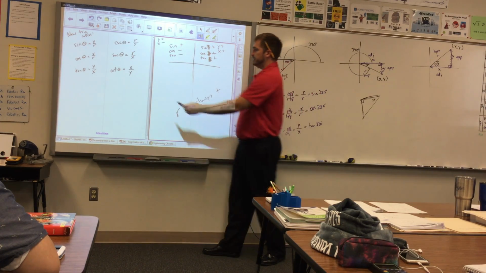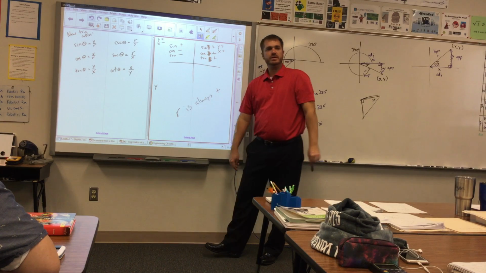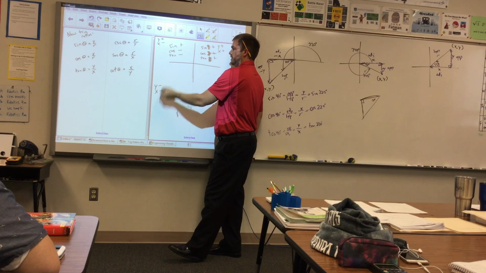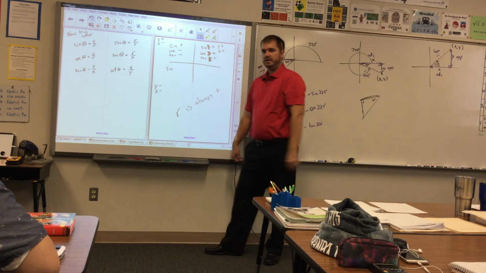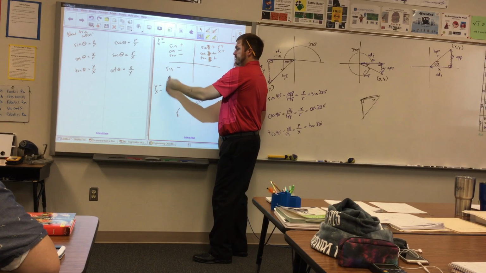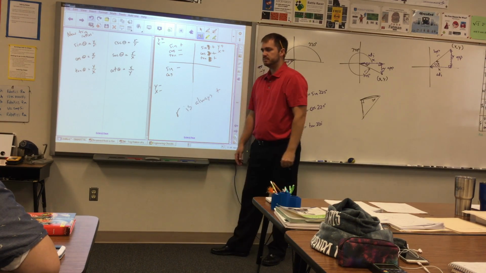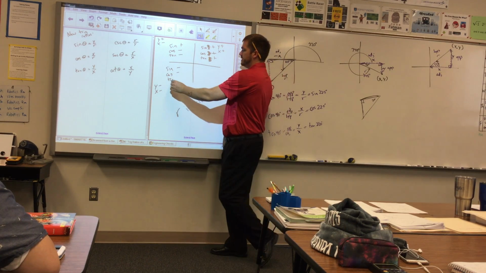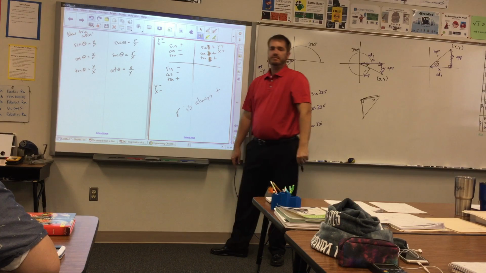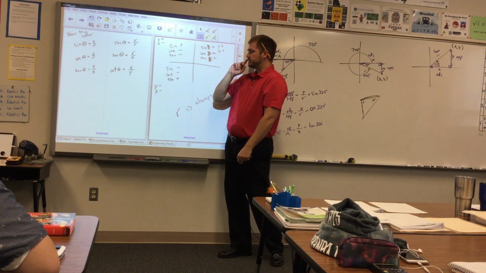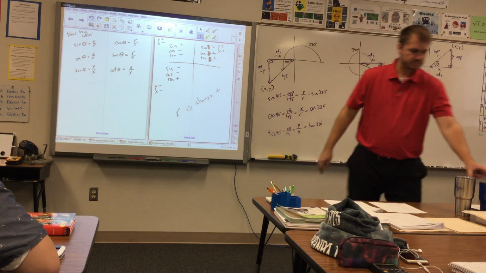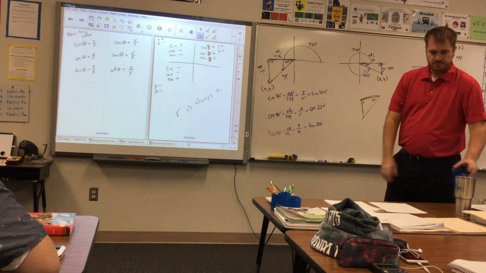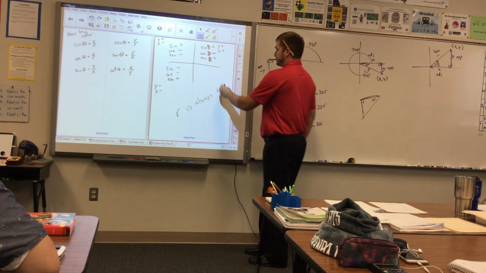But let's go down to the third quadrant. Talking about the y's in the third quadrant. Are they positive or negative? Negative. X's? Negative. So the sine, which follows the y's, is going to be negative. Cosine, which follows the x's, negative. And tangent, positive. Whoa, why positive? Because negative divided by negative is positive. That is correct. Negative divided by negative is a positive. Let's think about the fourth quadrant here.